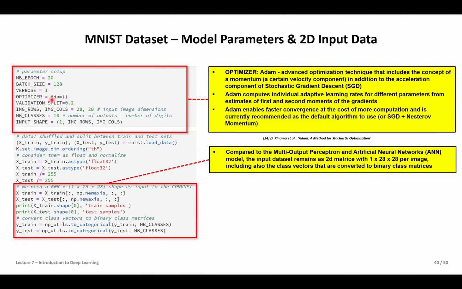This time we use the Adam optimizer, which is essentially an advanced optimization technique that has much more momentum in it. So how much you really go downhill and at what speed, so to speak, which will be reused. It's an optimization as well and similar to SGD. Then we have a validation split. So there's also the concept of validation in, and of course, then the 28 by 28 pixel elements here.